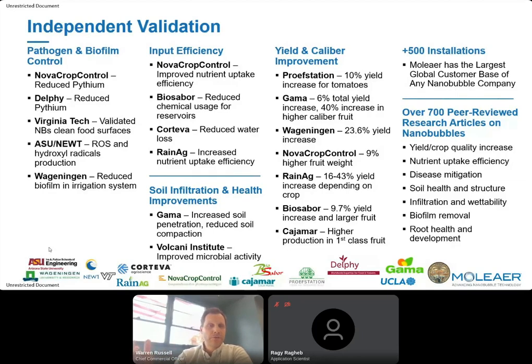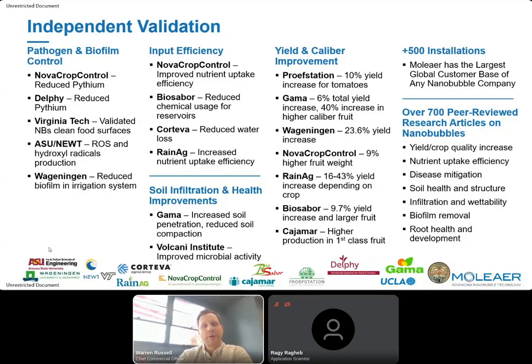But as it relates for today, pathogen and biofilm control, we've done a number of studies looking at that. Most commonly in hydroponics, we're looking at Pythium and Fusarium, sometimes Phytophthora. We've looked at how the nanobubbles disrupt biological matrices.